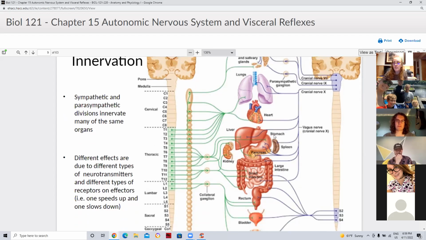The different effects are because different neurotransmitters are going to respond to different receptors. A given neurotransmitter can be inhibitory or excitatory. It just depends on the receptor what's going to determine the action of that neurotransmitter, what the effect is.